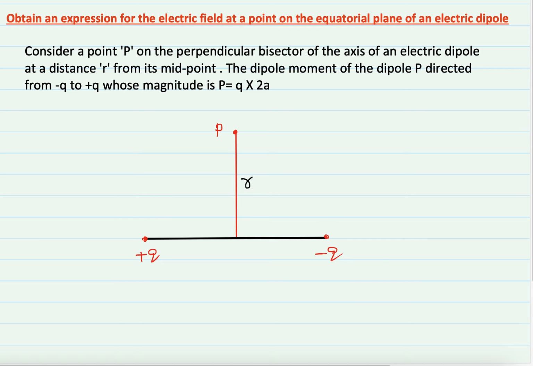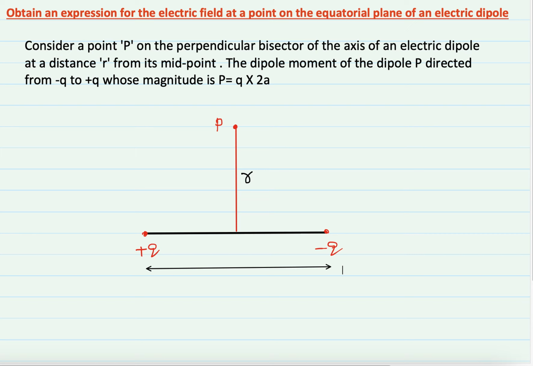And what is the distance between the two charges? The length of the electric dipole is 2a. From the center to the positive charge the distance is a, and from the center to the negative charge the distance is also a. Now what is the direction of electric field due to positive charge at point P?